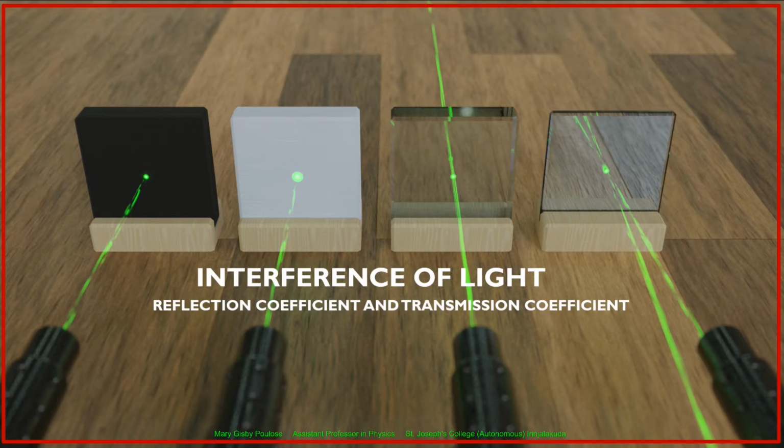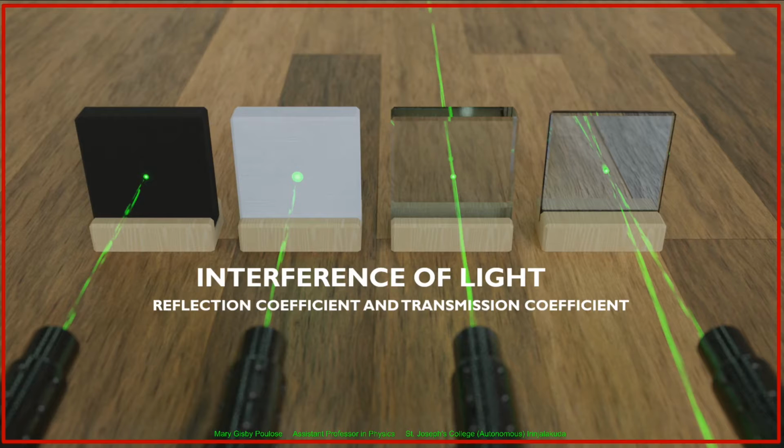When light falls normally upon it, the emergent ray will also be traveling along the same direction. So here we observe transmission of light through the glass plane.